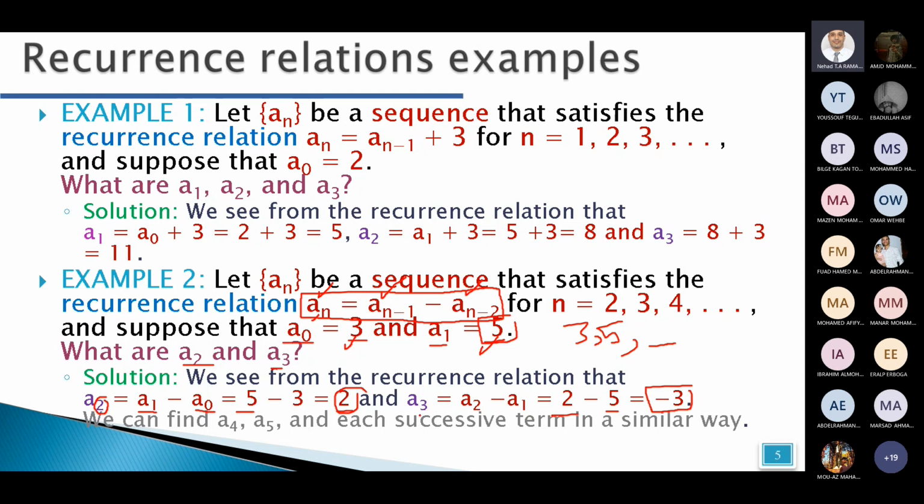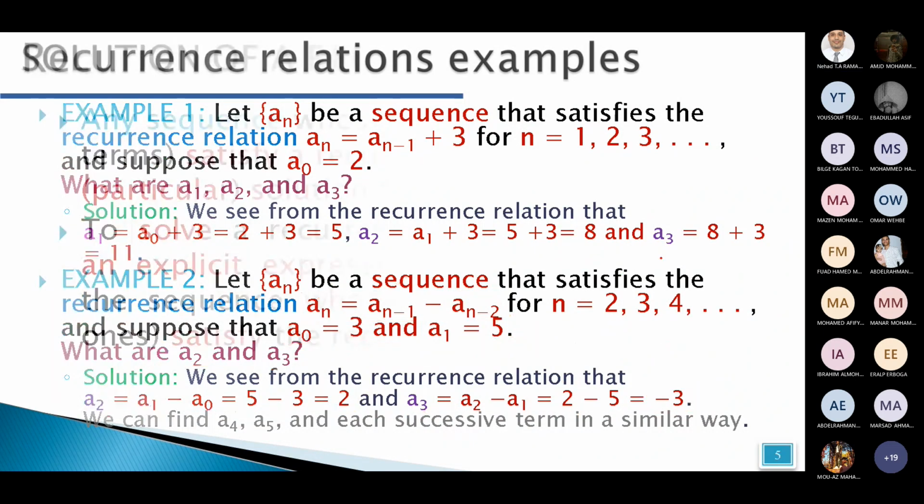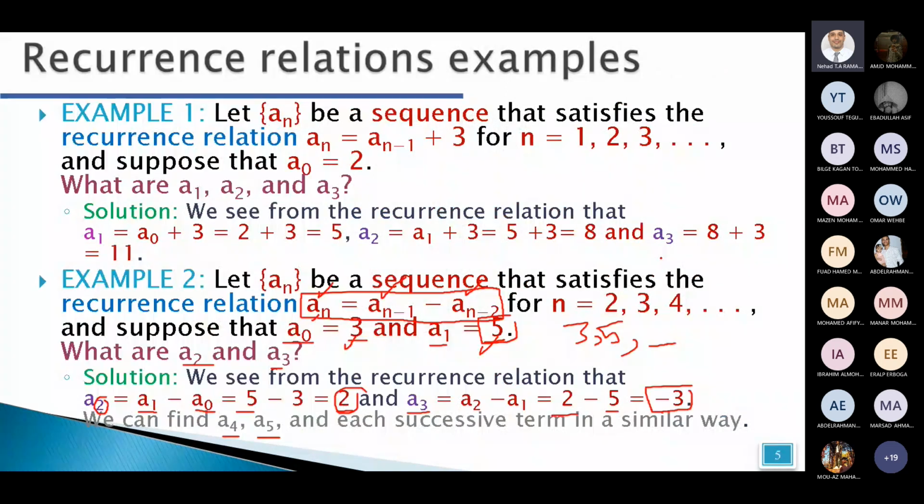So term A3 is minus 3, and so on. In the same way, we can find A4, A5, A6, A7, and so on.